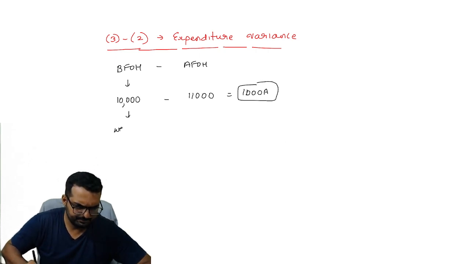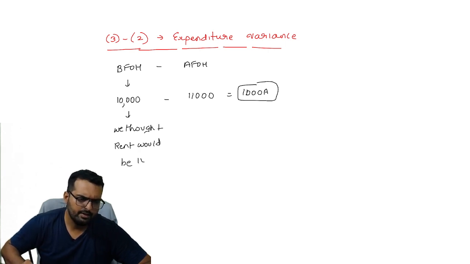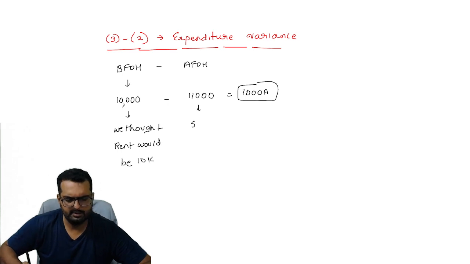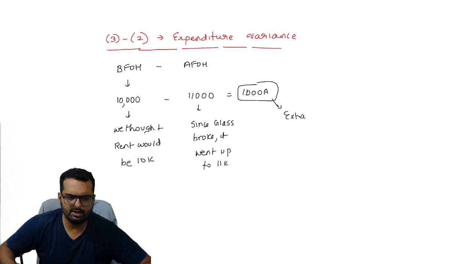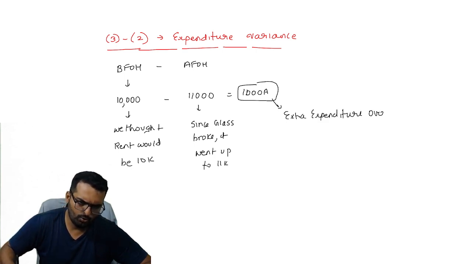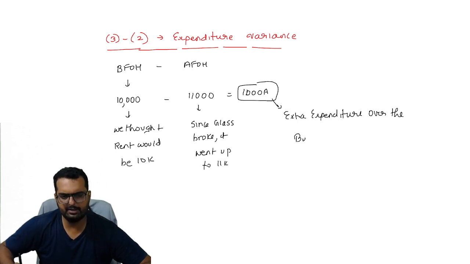Or we thought that the rent would be 10K, but since glass broke, it went up to 11K. This is the extra expenditure over the budget. Please write down this also in your books now.